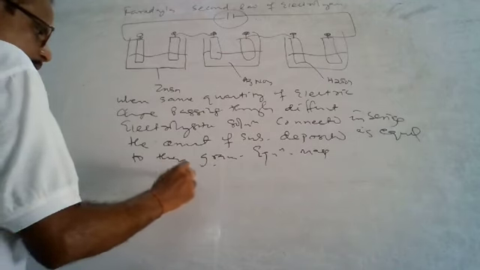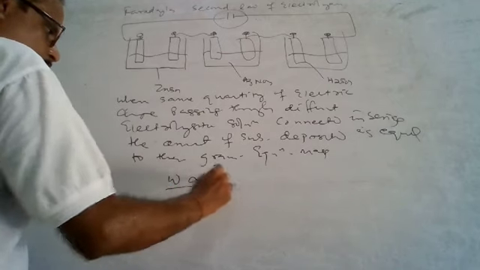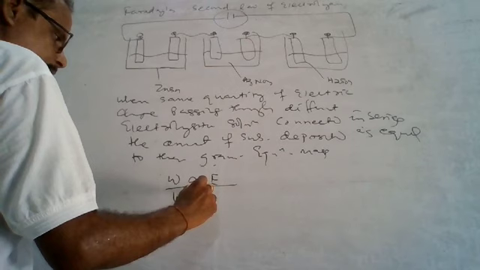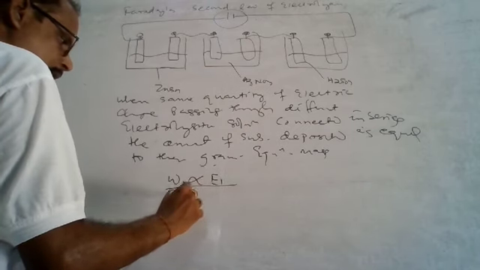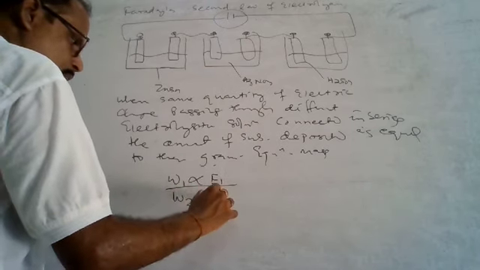So W is directly proportional to E. That means W1 is directly proportional to E1 and W2 is directly proportional to E2.